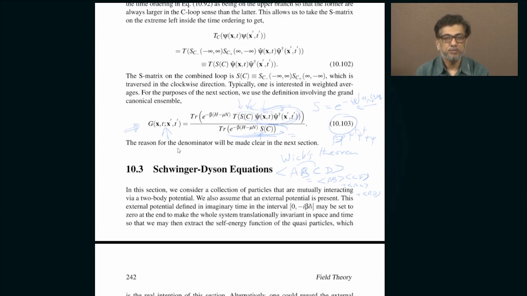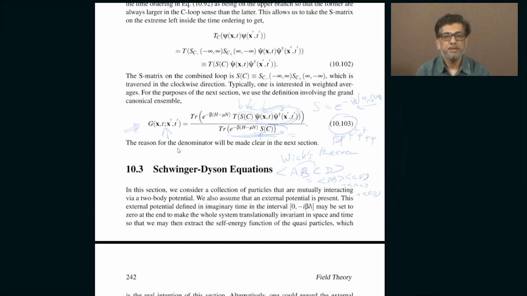Those are 2-point functions, and they will involve 4-point functions, and then if you go ahead and try to see what equations those 4-point functions will obey, they will now involve 6-point functions, and so on, endlessly, and that is not a desirable situation.